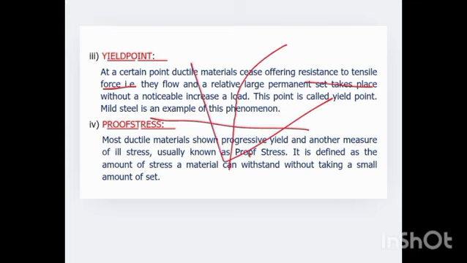We consider 0.2% of strain here, and we draw a linear line parallel to the elastic region, and the point at which this proof stress line intersects the stress strain curve is considered the proof stress point. This property is only applicable for materials that do not show a clear yield point.